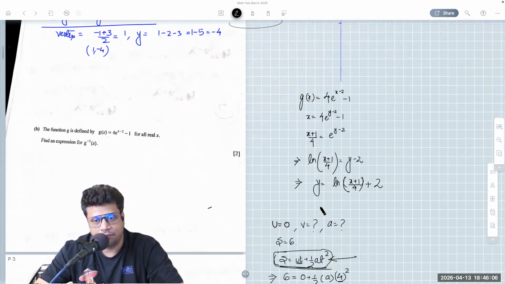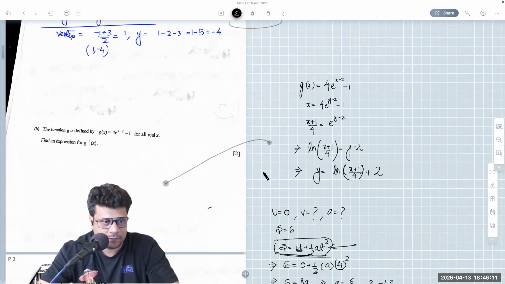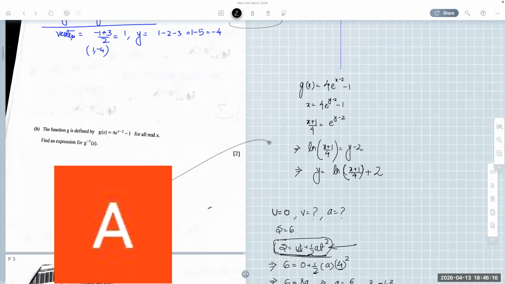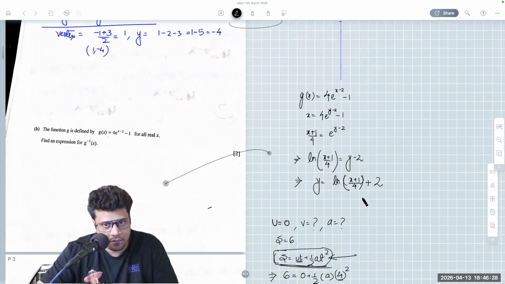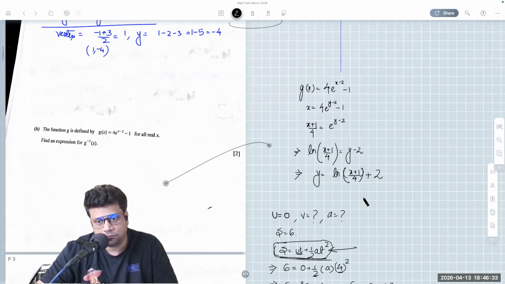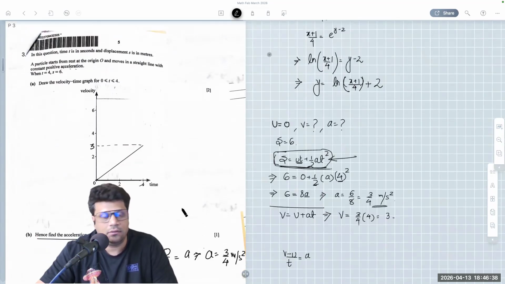Now this is the inverse that you had to find. Okay. This looks all right to me. Oh, this was that thing. Oh, yeah. I know it's supposed to be a straight line.